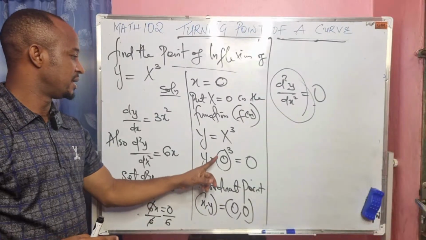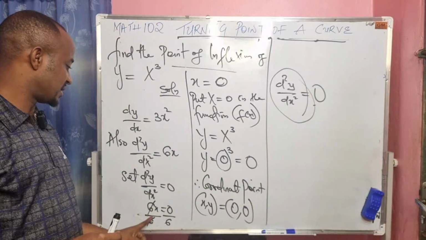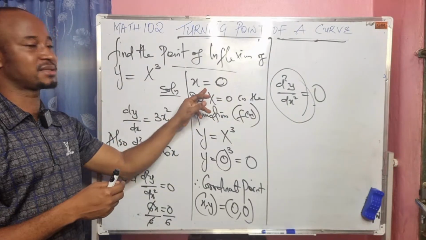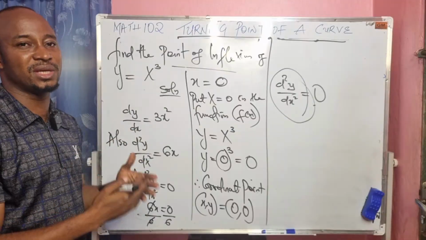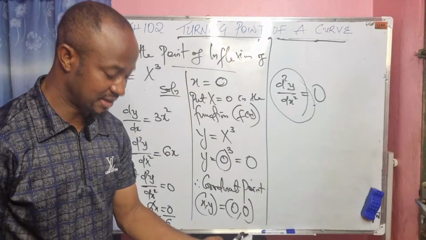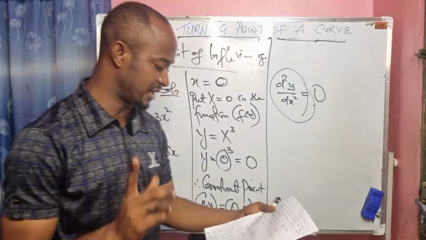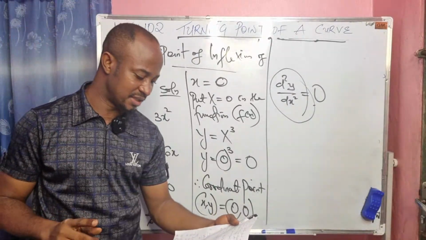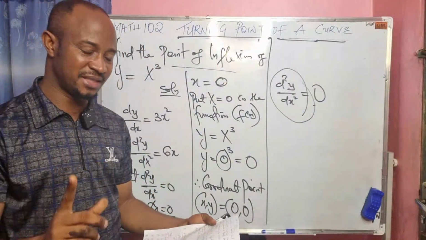Don't forget that when we find the value of our x, we got x as 0. I have to test for this x. How do we test? I will test to the left and to the right. That was the reason why I gave us a note of the steps. Recall again: the first step to determine point of inflection is to find the first derivative.